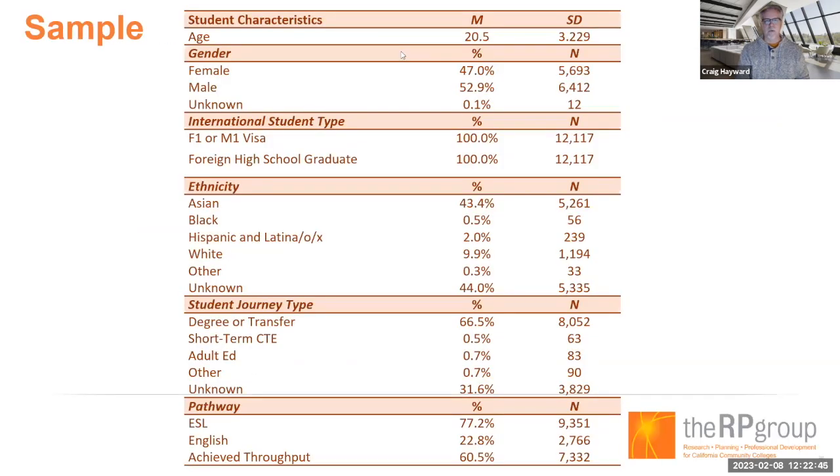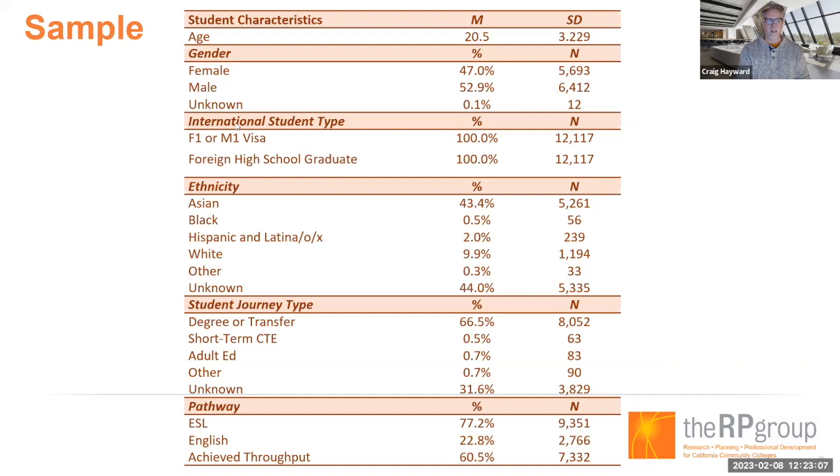And I won't read this to you, but it's included here for posterity, or if you're a real fast reader, is a table of the sample description. You can also get this from the full paper that we will provide the bit.ly link to in the chat, so you can get at that.